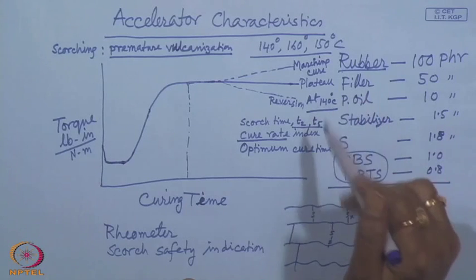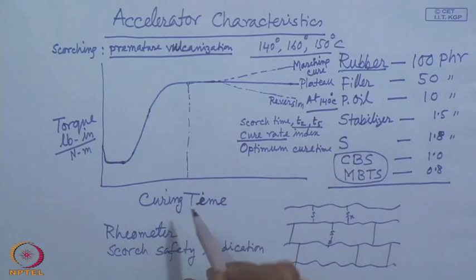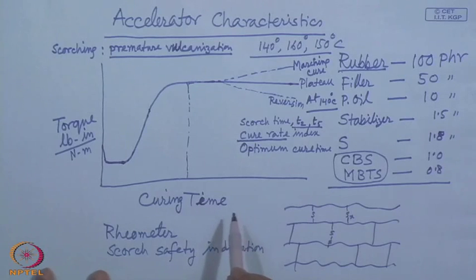That means the temperature rises, so it should remain uncross-linked at that temperature during processing and fabrication. If that reaction starts during fabrication, that is known as scorching or premature vulcanization, and that should be prevented.